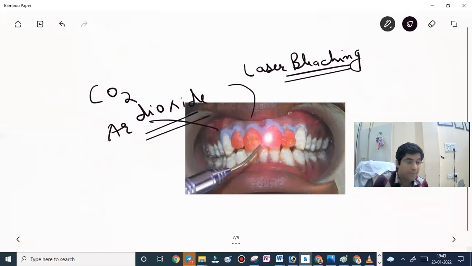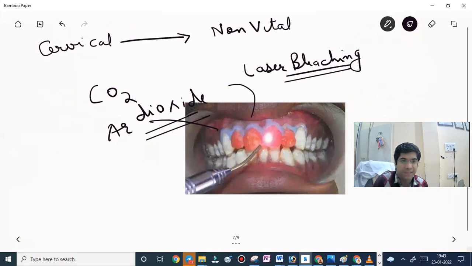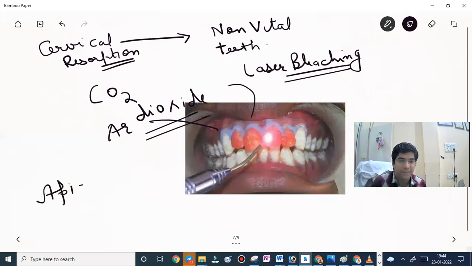Another thing that you have to remember is cervical resorption is a common consequence of bleaching of non-vital teeth, whereas apical periodontitis is for vital teeth.